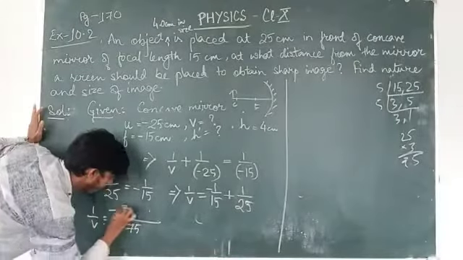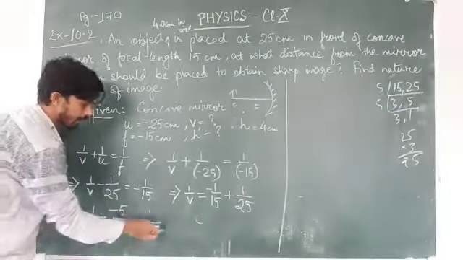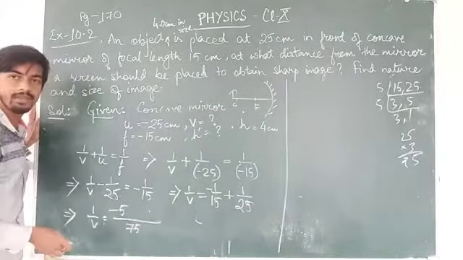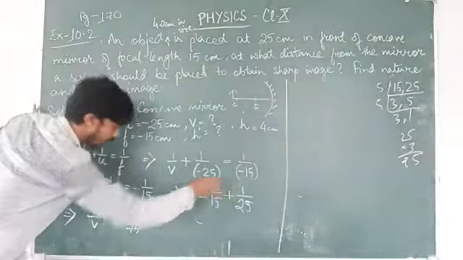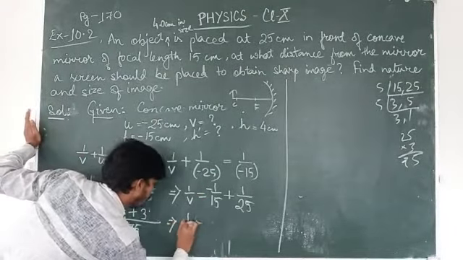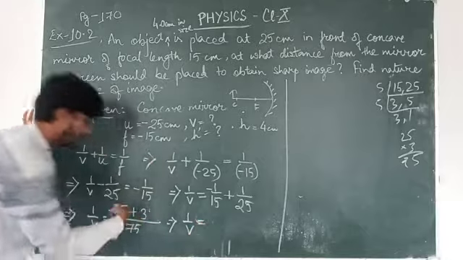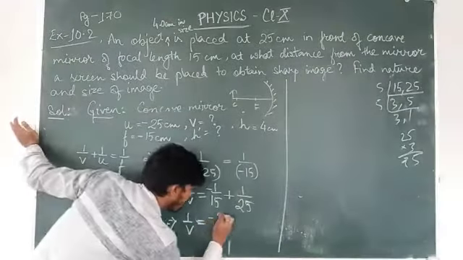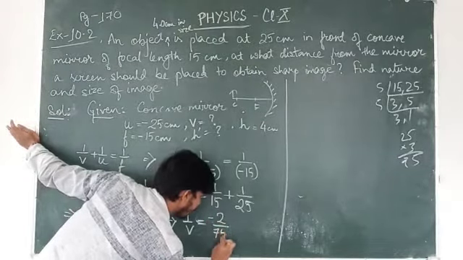So here will be 5. 15 fives are 75, 5 into 1, 5. And 25 into 3 is 75. So this will be plus 3. Then we will get 1 by v equal to, we will total this, minus 5 plus 3 will be minus 2 by 75.